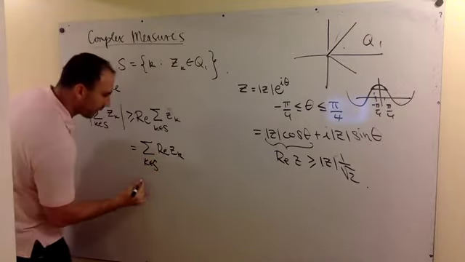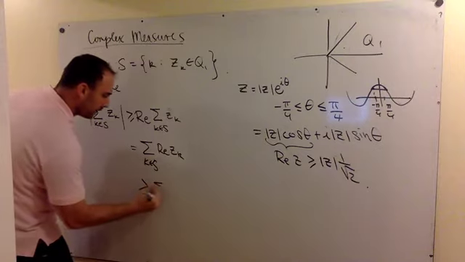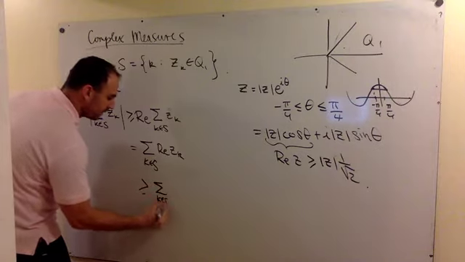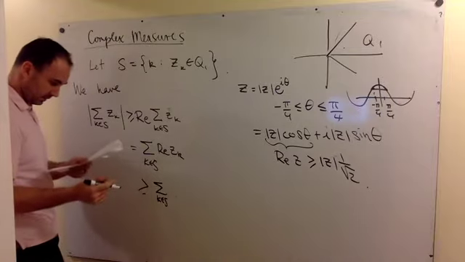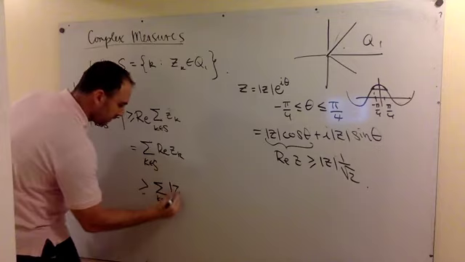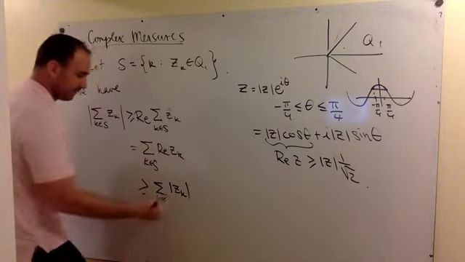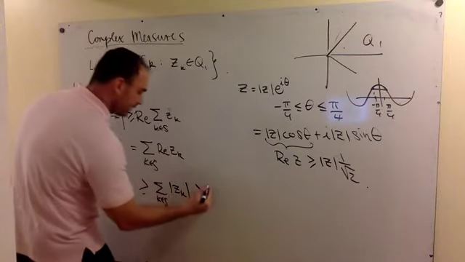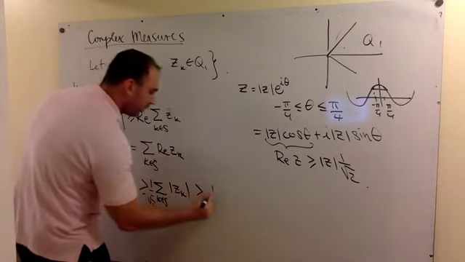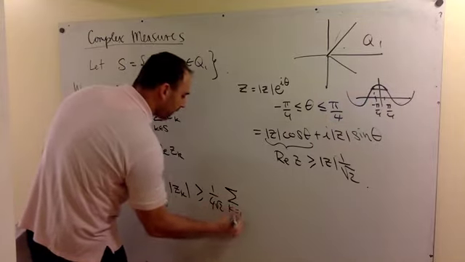And now, these guys live in Q1, and the way I pick S, this inequality says that this is greater than, oh sorry, I need a 1 over square root 2, 1 over 4 square root 2, times the sum over everything.